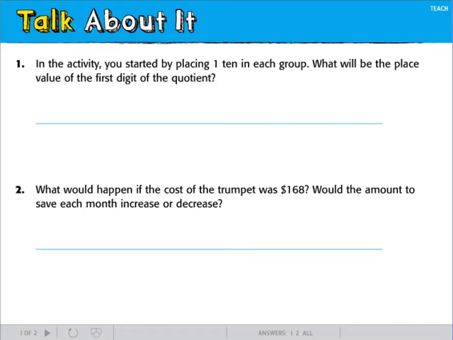Think about it. Yes, the tens. Because we had 1 ten in each group, the place value of our first digit is the tens place.